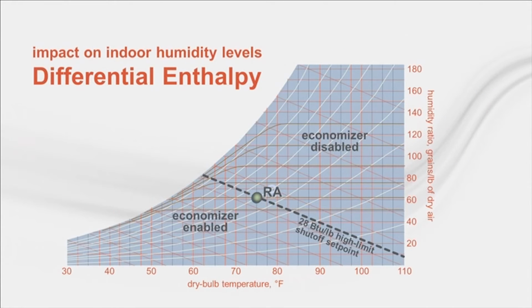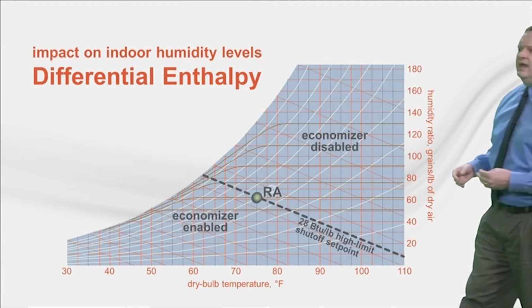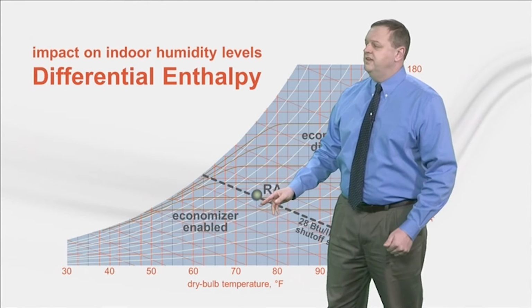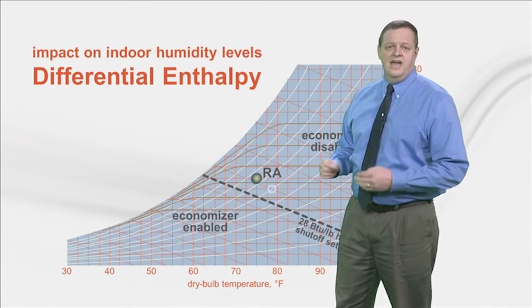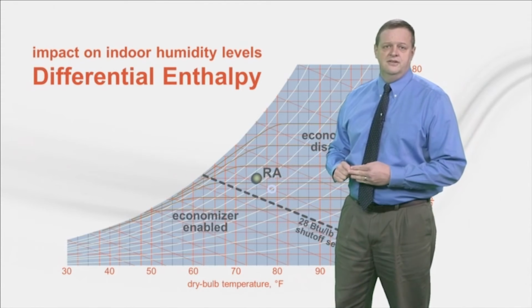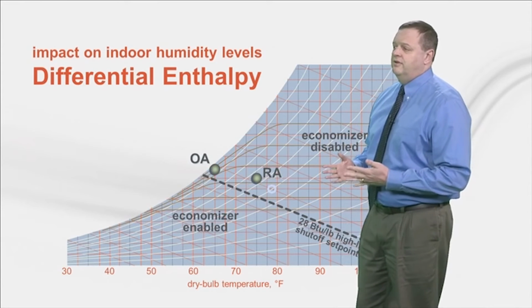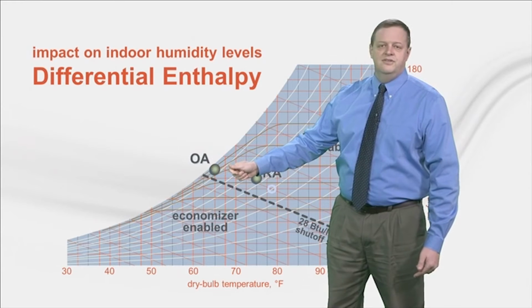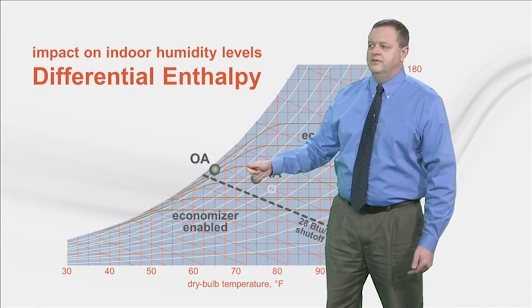The 28 BTU per pound set point that's typically used for fixed enthalpy control corresponds to 50% relative humidity at a 75-degree dry bulb. However, remember that in this basic constant volume system, the space humidity level actually rises at part load. So the return air enthalpy also rises. At this example outdoor condition over here, if the fixed enthalpy control is used, the economizer is still disabled.